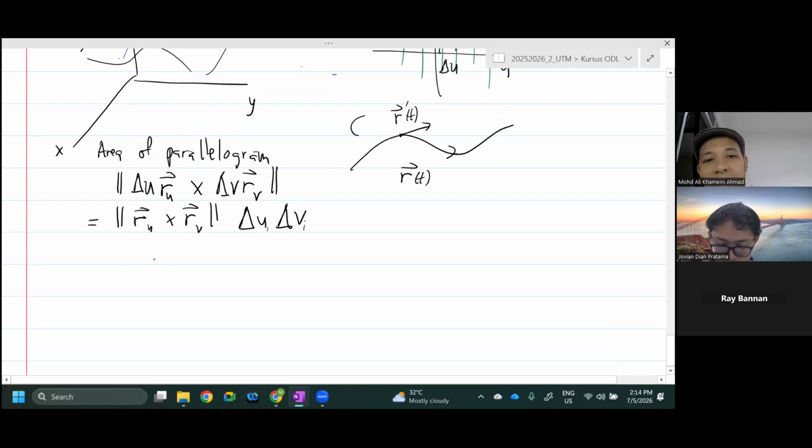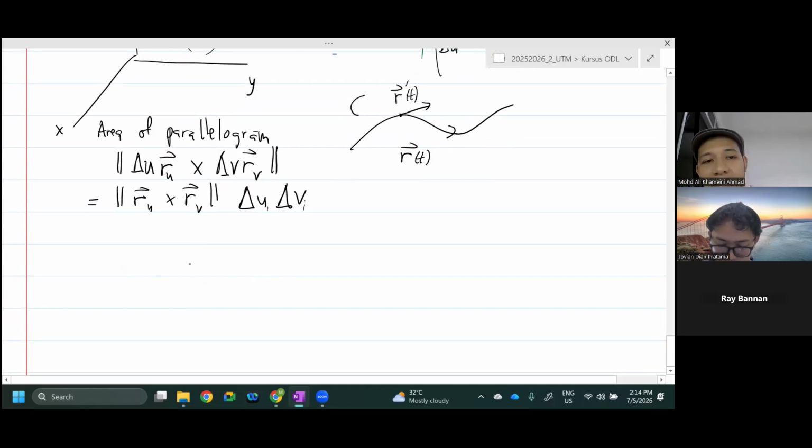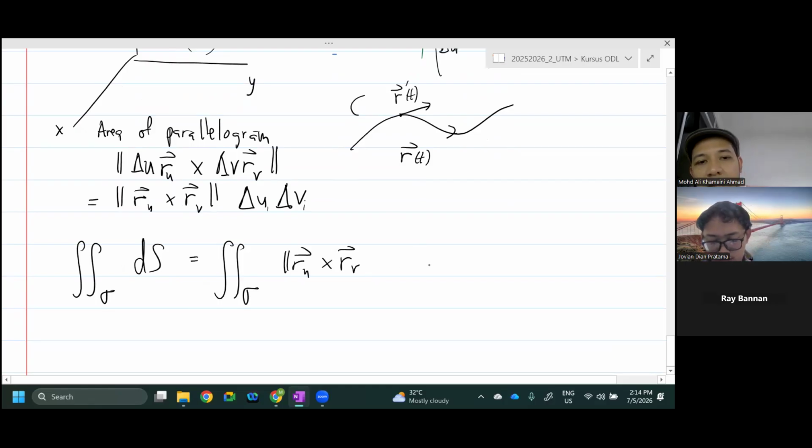So more or less you come across this formula: dS equals the magnitude of r sub u cross r sub v, du dv. Okay, so that's how you will compute the surface area. This is the formula for surface area using parametric equations.